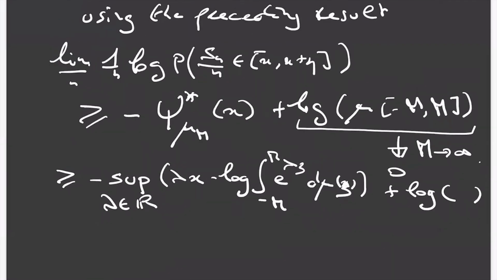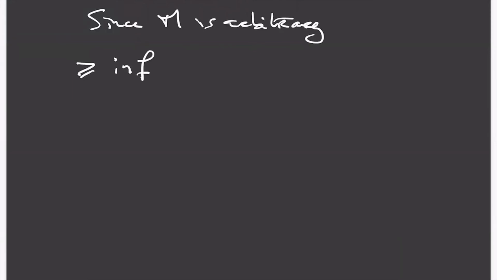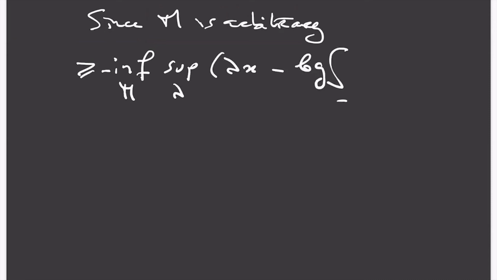And now, since m is arbitrary, you end up with the fact that it is greater than the infimum over m, the minus here, the sup over lambda of lambda x minus the log of the integral between minus m and plus m of exponential lambda z d mu of z.